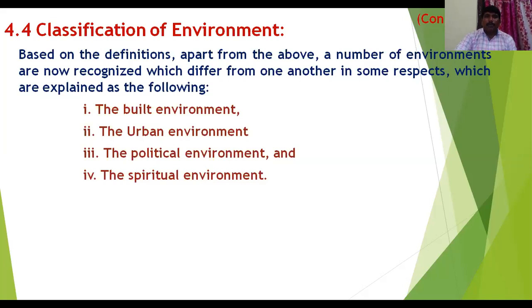The second is urban environment. The term urban environment refers to the environment of a city. It is characterized by many buildings in a limited amount of space with a high population per square mile. Most of the living spaces, working spaces, shopping areas, health and educational facilities and services, etc., are grouped in close proximity to each other.